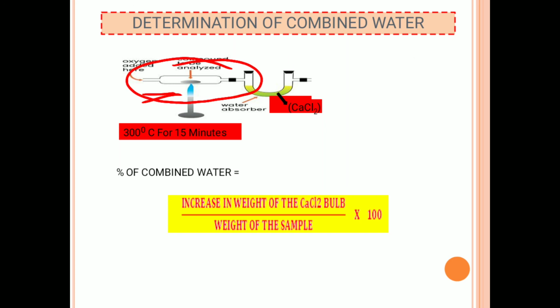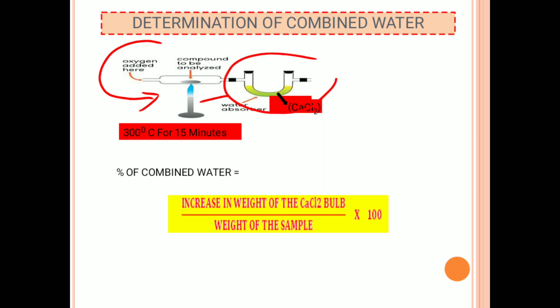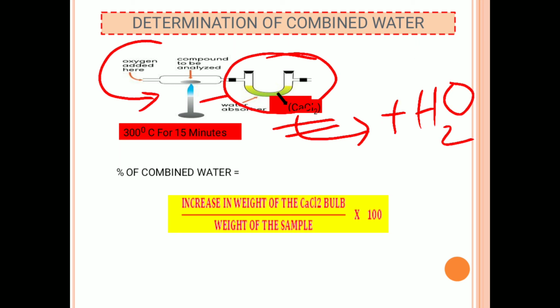One opening is for oxygen passage, which is used for combustion, and another end will be connected to a tube which contains initially weighed CaCl2. Generally, the property of CaCl2 is it can absorb the H2O molecules.